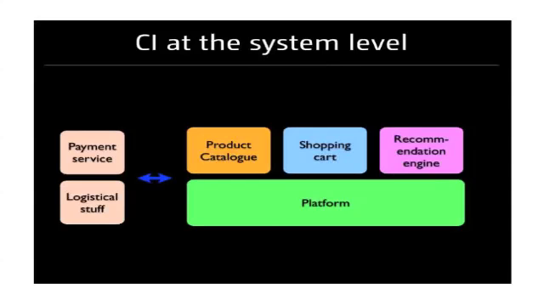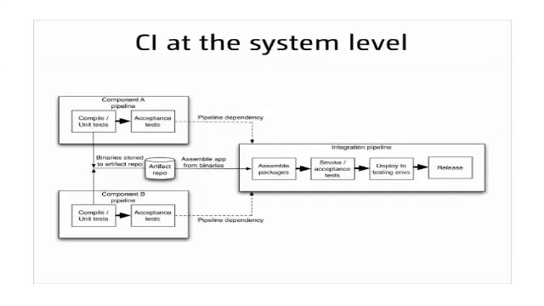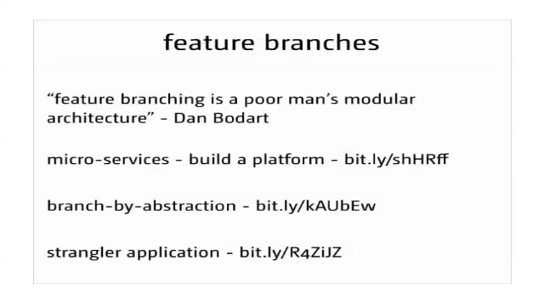So there are some solutions to this. Often the underlying cause of the inability to move to continuous integration is feature branching. People can't move away from feature branching because they have a monolithic architecture.